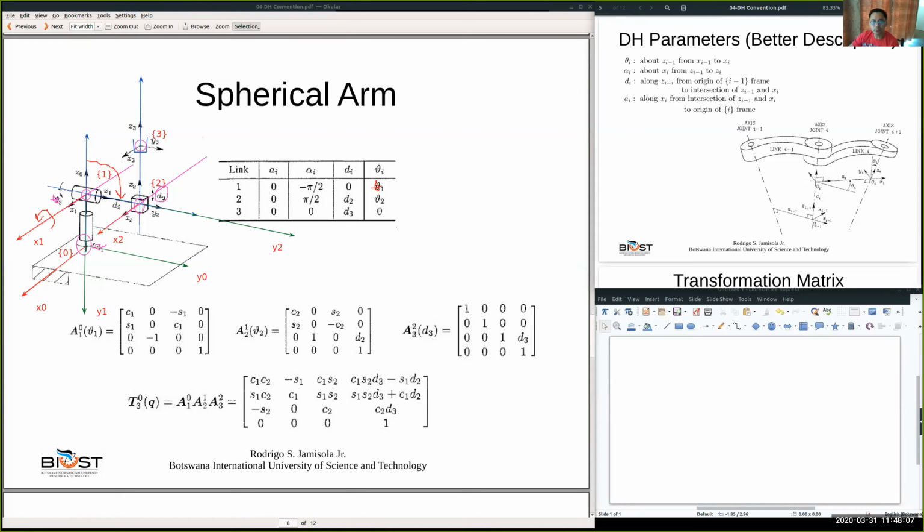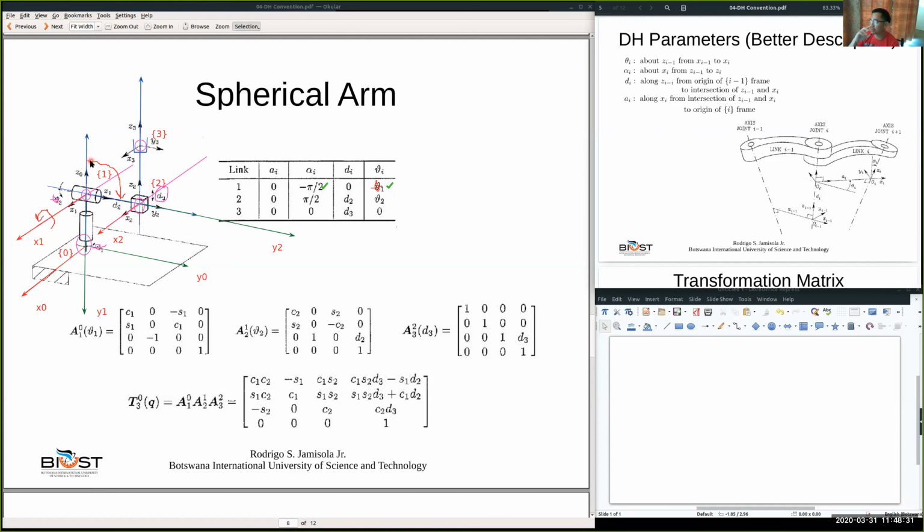So, sorry, let's annotate this one. This is done, and that's done. Okay, D1 along Z0, yeah? D1 along Z0. So that is Z0. That's Z0.